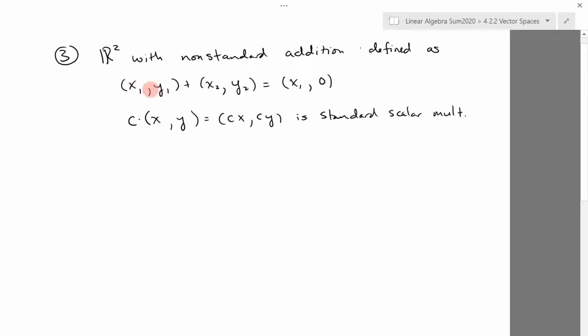Because any vector in R2 is just a pair of coordinates where both coordinates are real numbers, right? So you can see that the resulting vector here, x1, is a real number, and 0 is also a real number. So the result is still in R2. So there's nothing wrong with the closure properties in this case. So if we want to show that it's not a vector space, we have to look at some of the other properties.